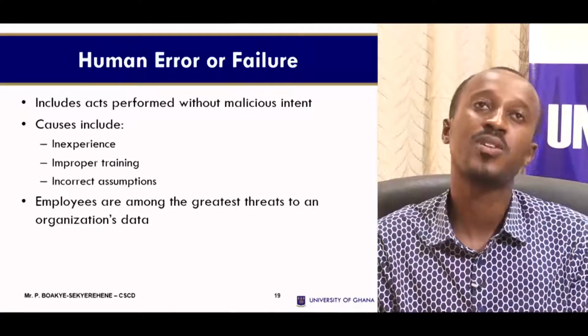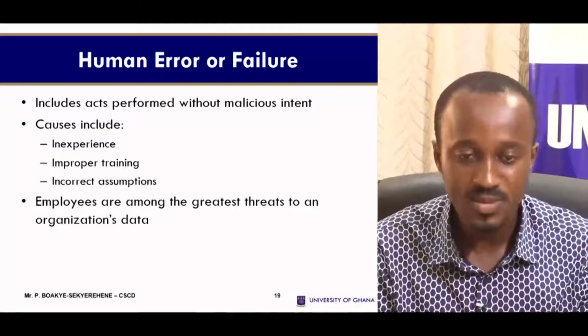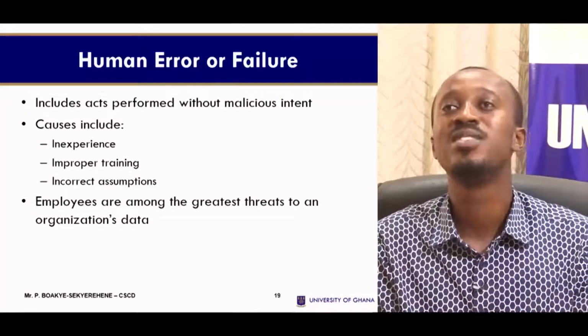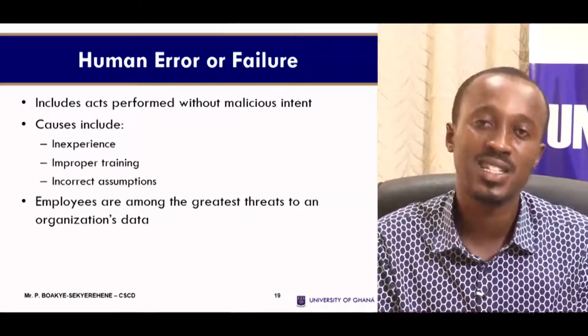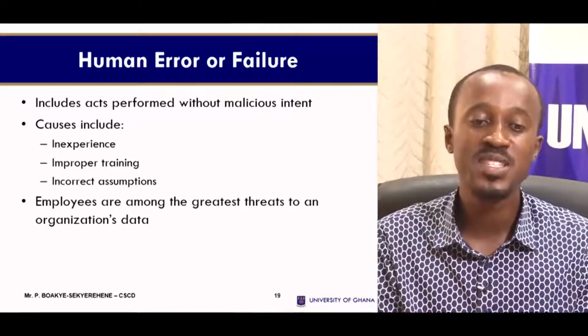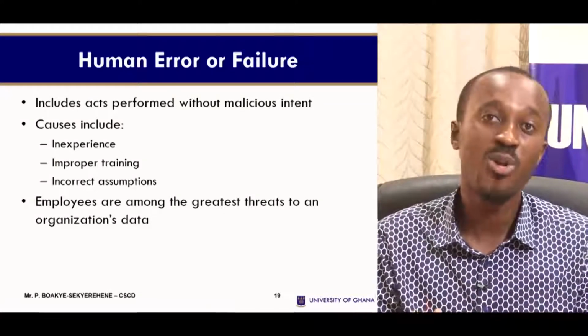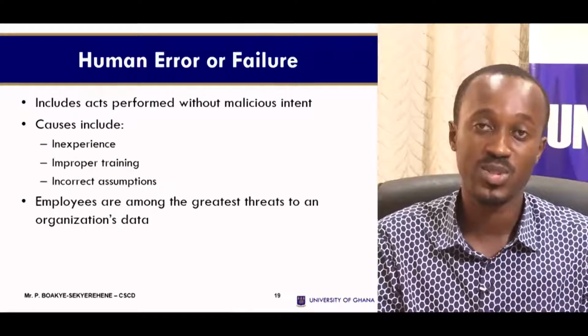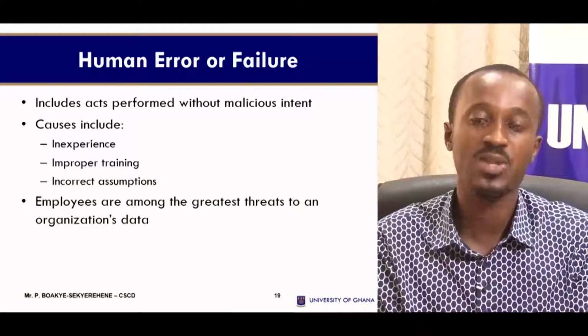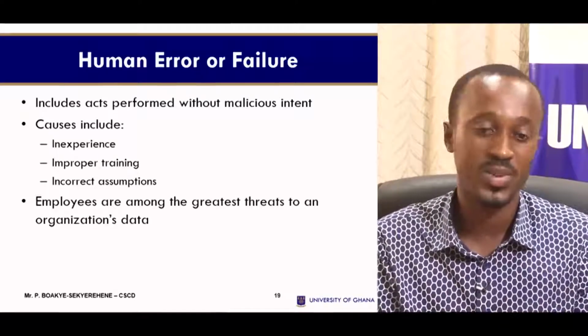Now, another category of attack that we want to look at is human error or failure. We are human beings, and there's this adage that says to err is human and to forgive is divine. Once we are human beings, it means that another possible source of threats to the organization we have been employed in is ourselves, and some of the errors we cause and the failures we produce in our operations.